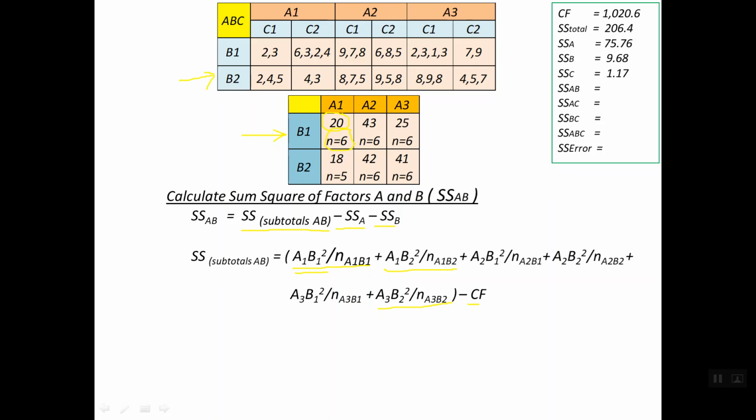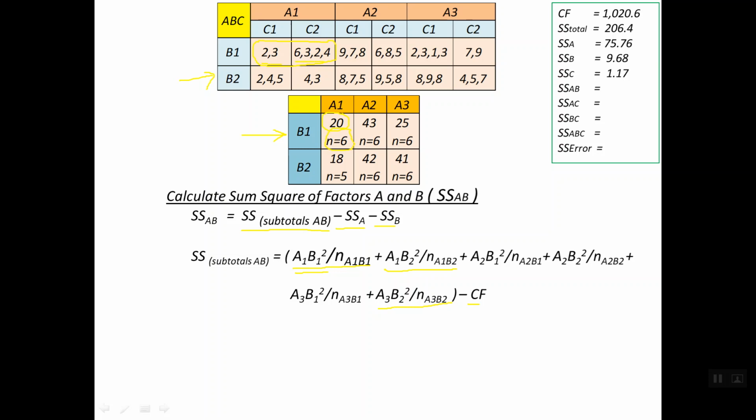A1, B1 simply represents these values here. These values are the representation of A1 and B1. So if you count the summation, you will find it 20, while regarding the number of observations, here we have 2, and here we have 4.